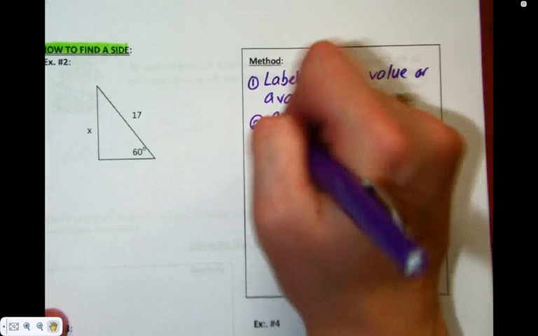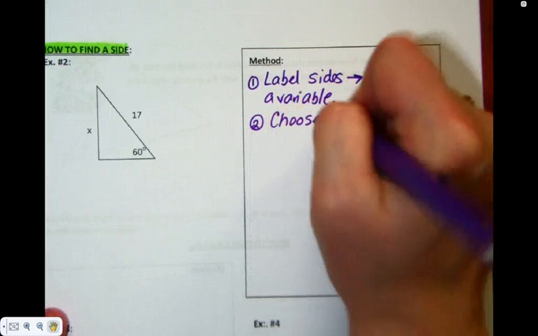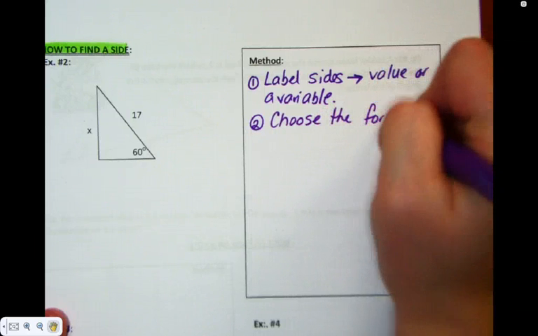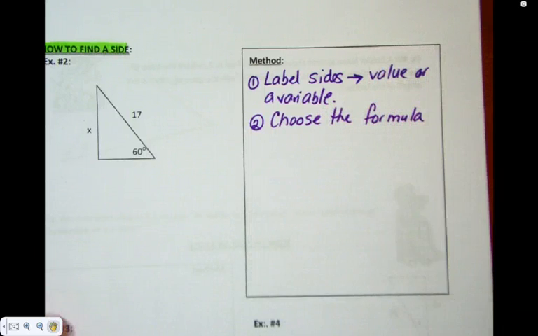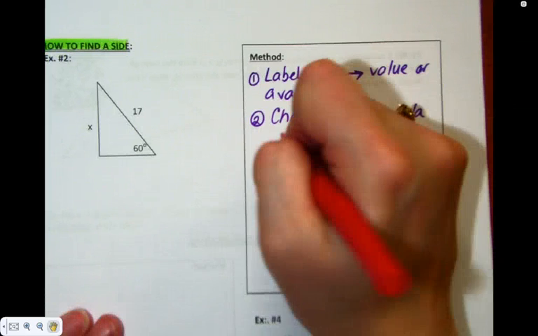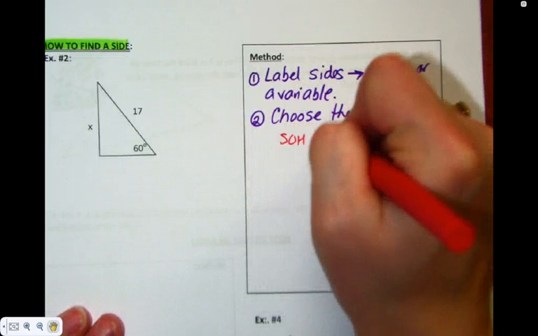Step number 2, choose the formula. And this is where we use that SOH CAH TOA, which I'll explain when we do the example.